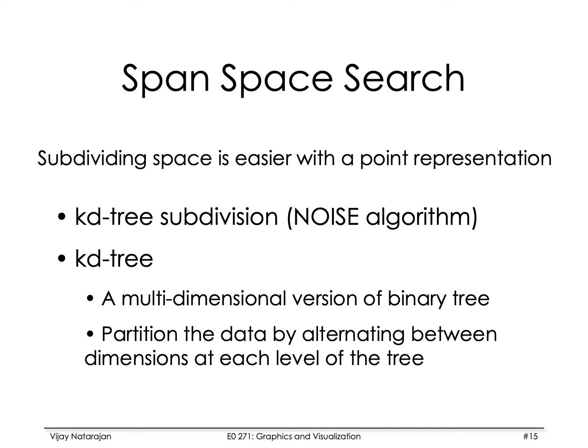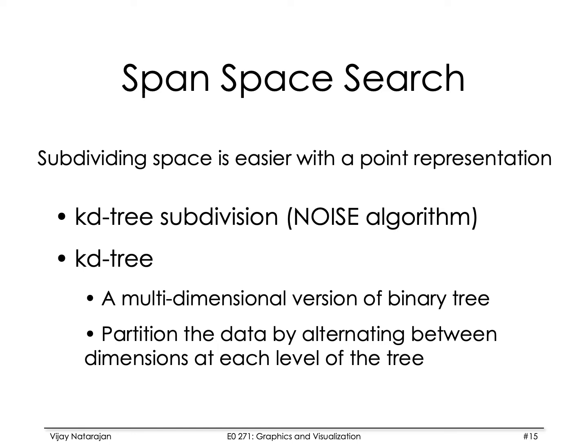The NOISE algorithm proposes the use of a subdivision that is called the KD tree. The KD tree is a generalization of the octree or the quad tree that we have seen. It is an extension of this data structure in two ways. One, it extends this subdivision technique to higher dimensions.